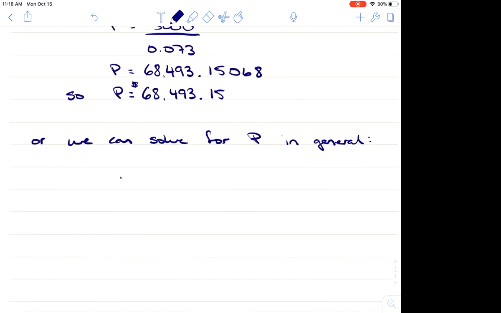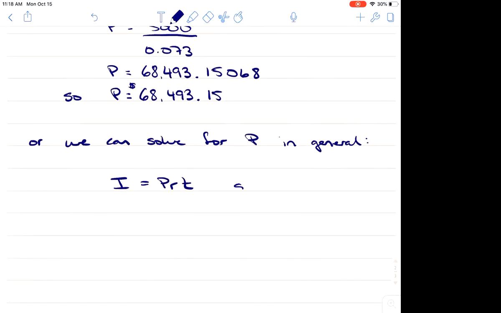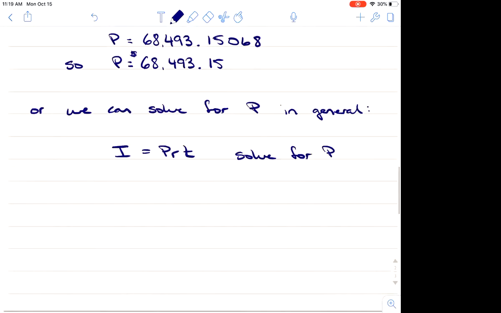But so we start with I equals PRT, right? If you have to solve for P, you have to divide both sides by R times T, right? So you just hold the P steady and then everything else has to move over to the other side.